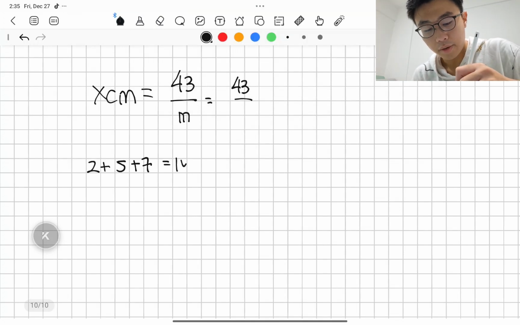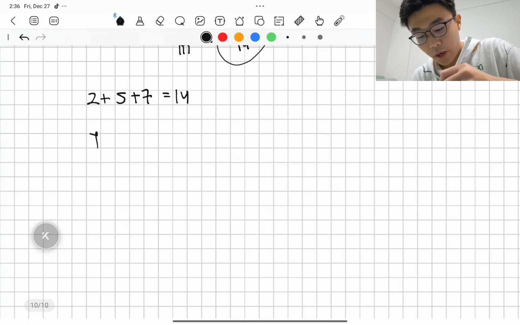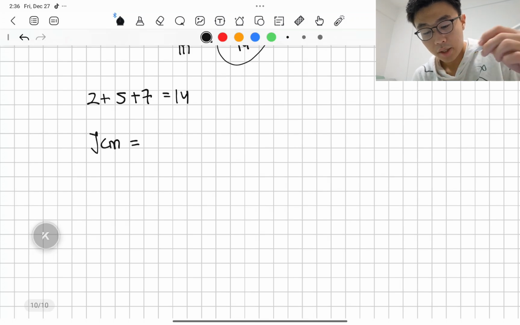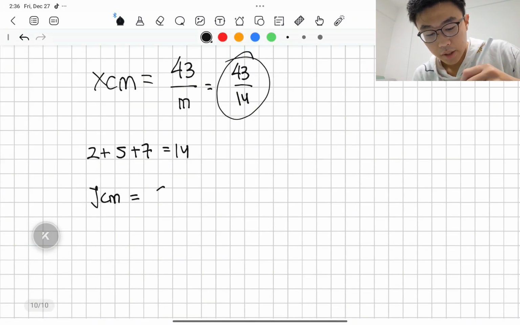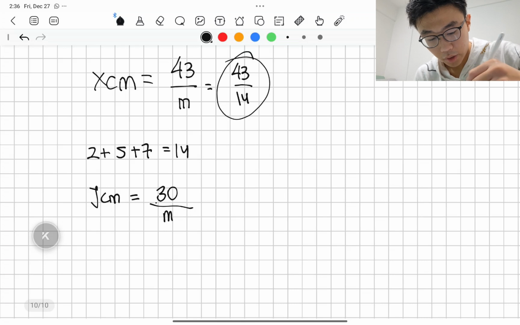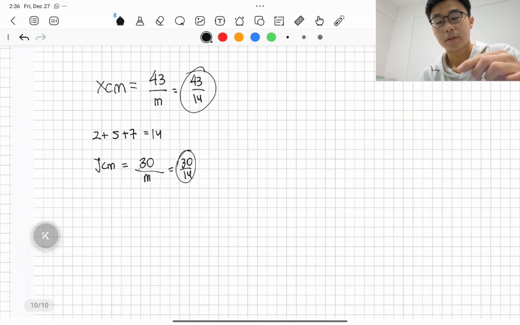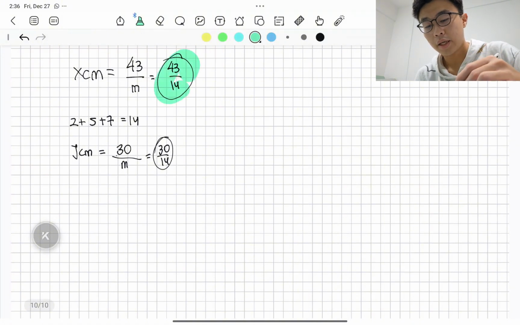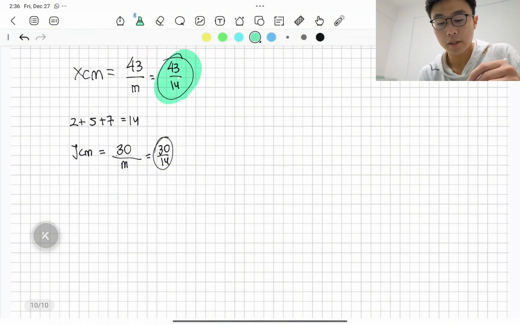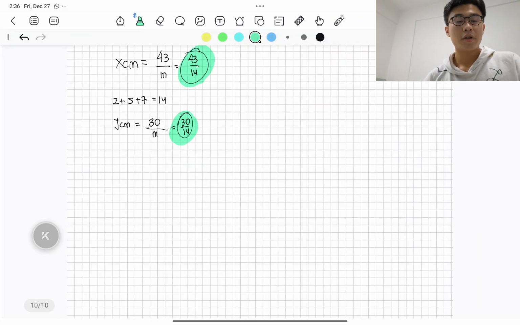So M equals 14. This is the center of mass for x. For y, it is 30, the total moment, over M, which is 14. So 30 over 14. This is the result for the center of mass for x and for y.